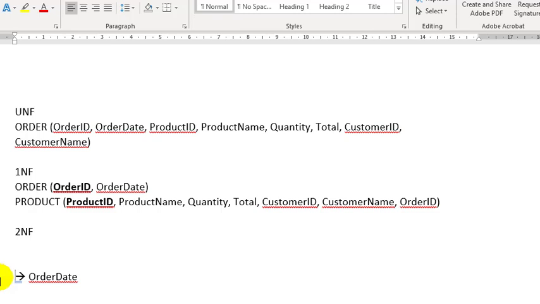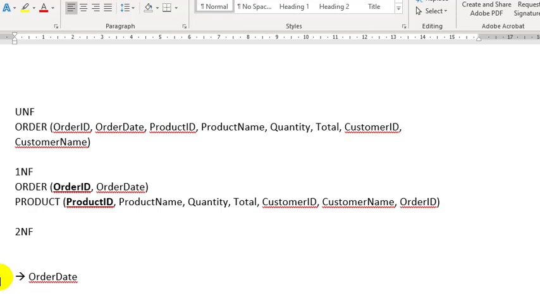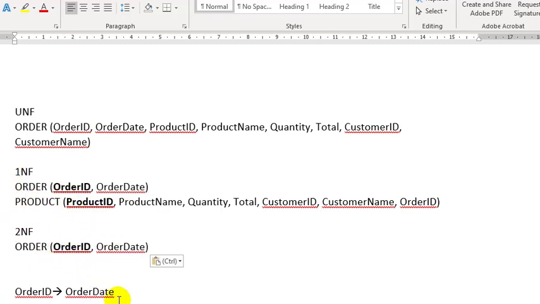So maybe in the order form there is the same order date, but we don't know which order ID this order date is referring to. So that's why we need to have the order ID here. Right? So the first relation is settled. How about the second one, product?